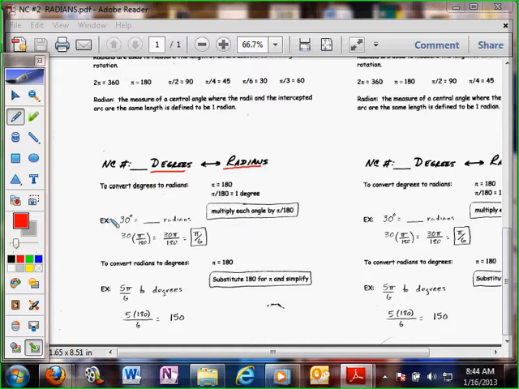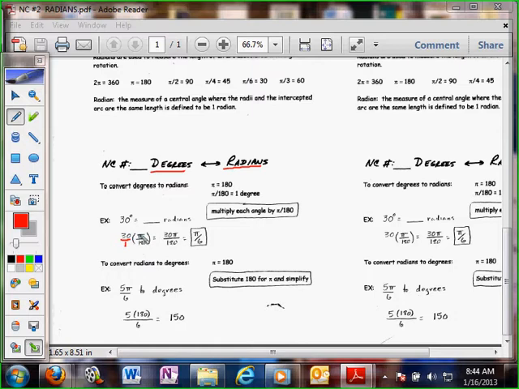Here's an example. Example 1. Very straightforward. We have a 30-degree angle. How do we convert that to radians? We multiply it by pi over 180. So 30 times pi over 180, and you're not going to really be using your calculator much here because we're not going to be using decimals. It's like multiplying 30 over 1 times pi over 180, because when you're multiplying fractions, 30 is a whole number, so put that over 1.